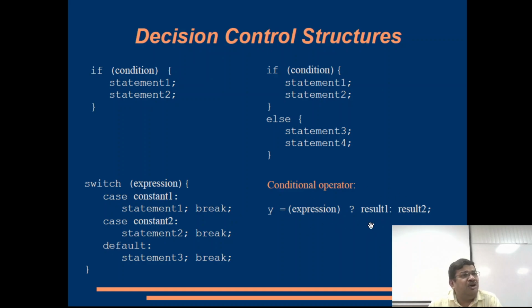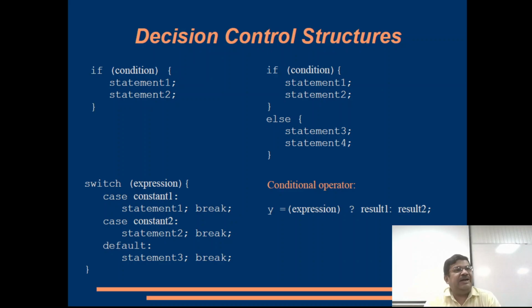It is a very compact representation of an if-else condition. If this condition is true, do this. If this is false, then do this. Right? So if it is a very small expression that you need to write, then the ternary operator is a very compact way of writing it down.